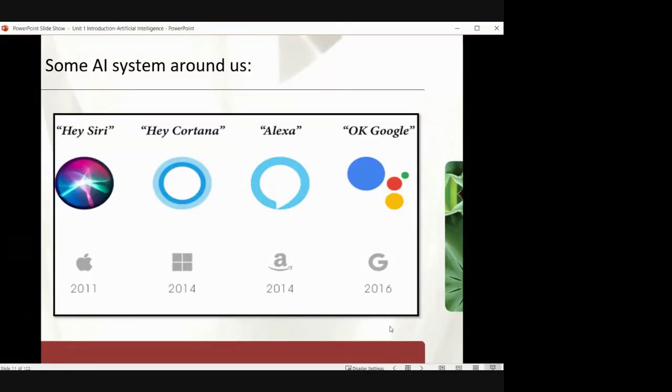And in 2016, we got Google Assistant. Okay, so these are the smart or intelligent systems we have, in which the AI system incorporates machine learning, deep learning, natural language processing, knowledge-based systems, cognitive science. All of this together makes up this system, and that is what the AI system is.